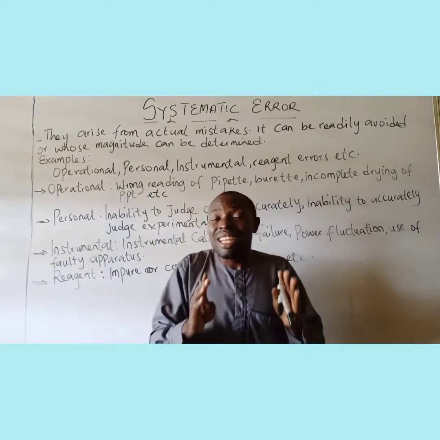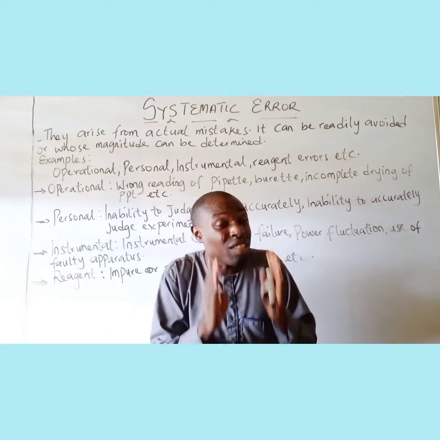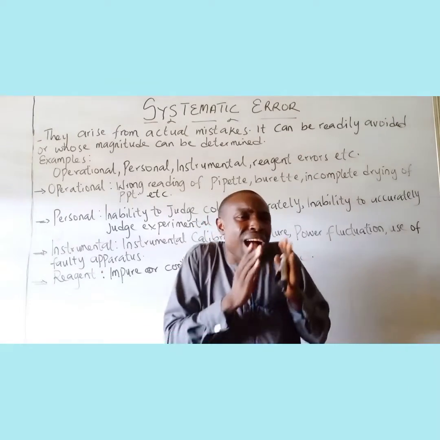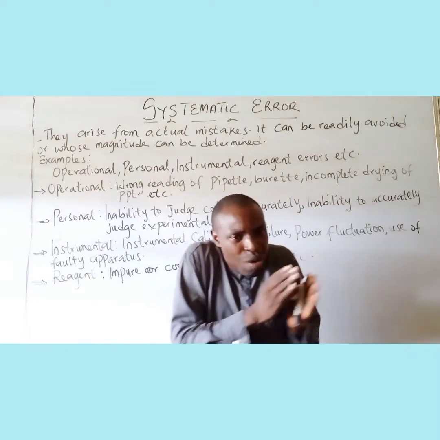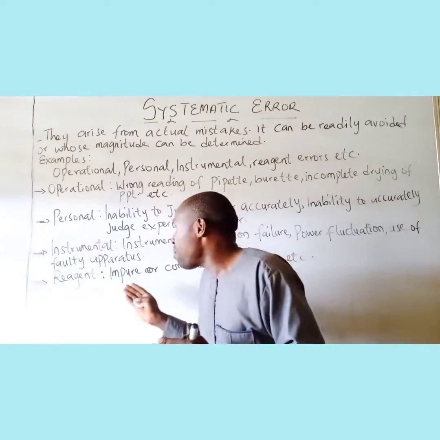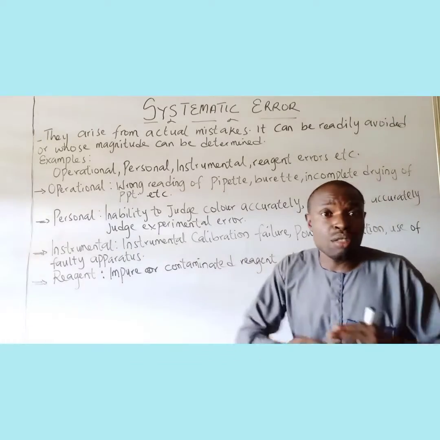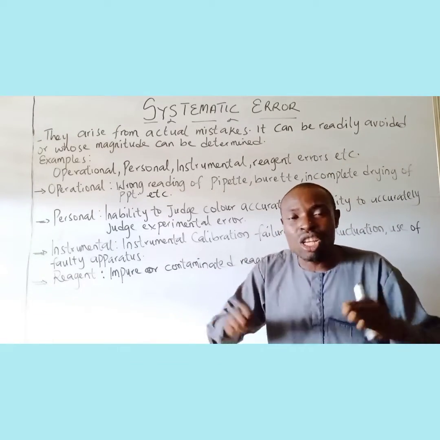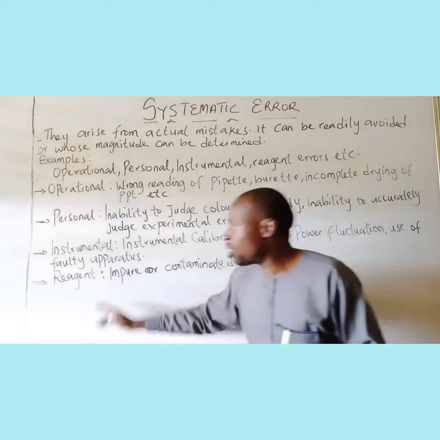We should understand that systematic errors can be avoided, as I said earlier. And again, they can be corrected or minimized. For example, if I'm having a faulty apparatus, to eliminate such an error is to get a new one. Lastly is reagent error.